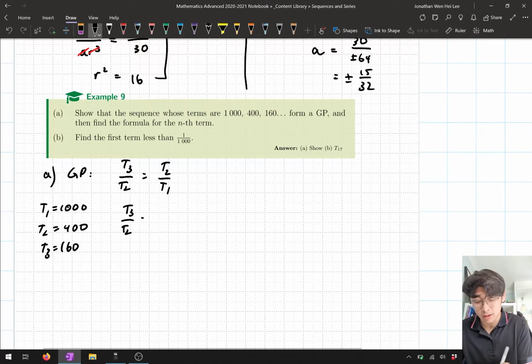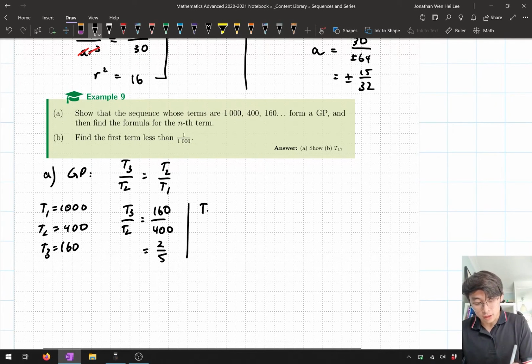T3 over T2. Now this time, because I'm dealing with numerical values, I'm just going to sub each left-hand side and right-hand side separately and then figure out what they are. So T3 over T2 is 160 over 400, which gives me 2 over 5.